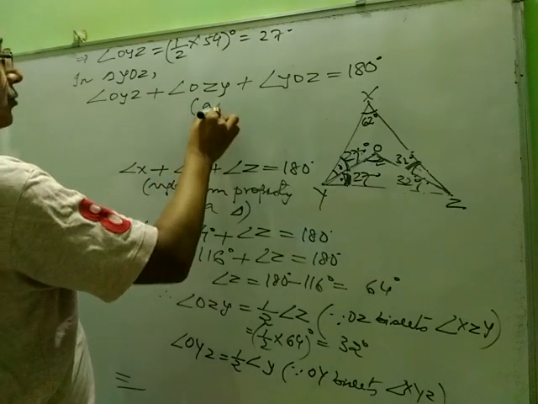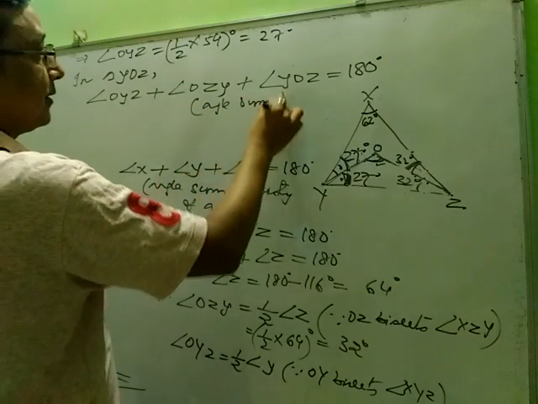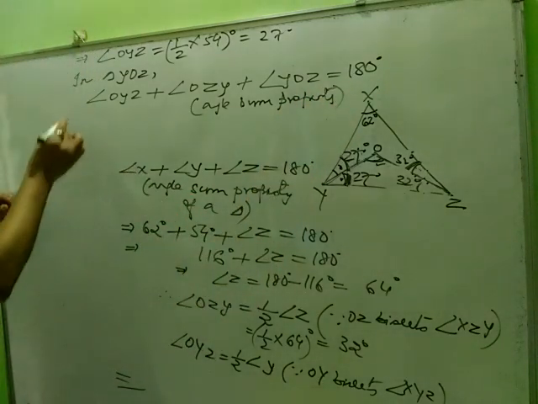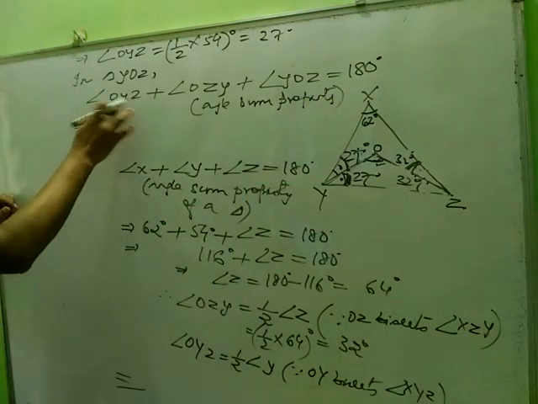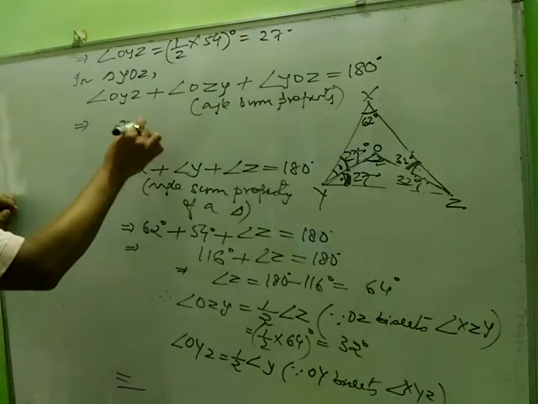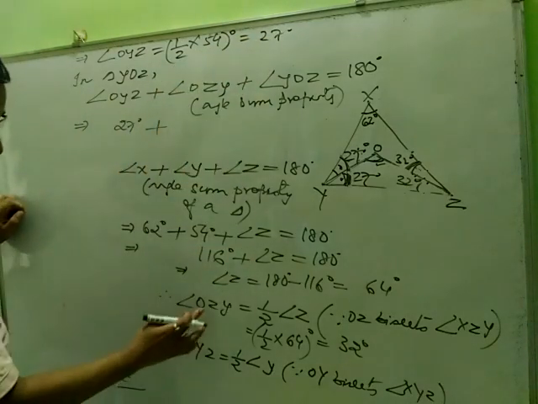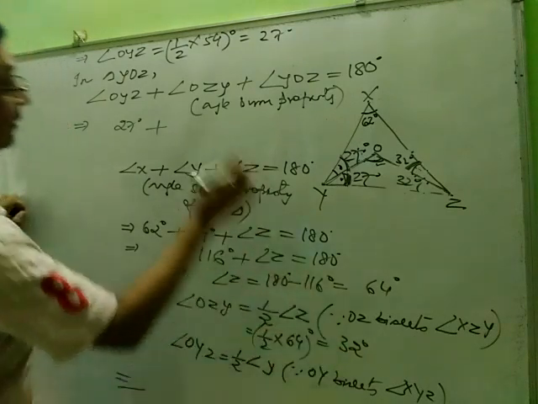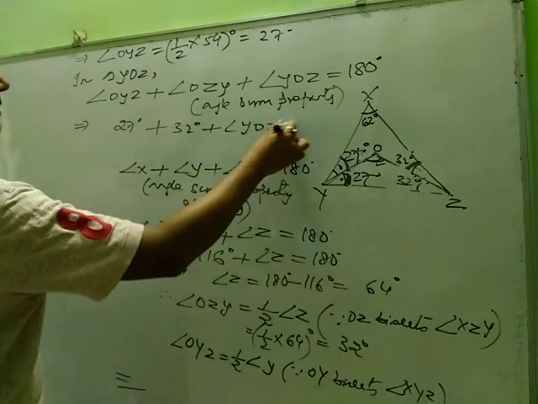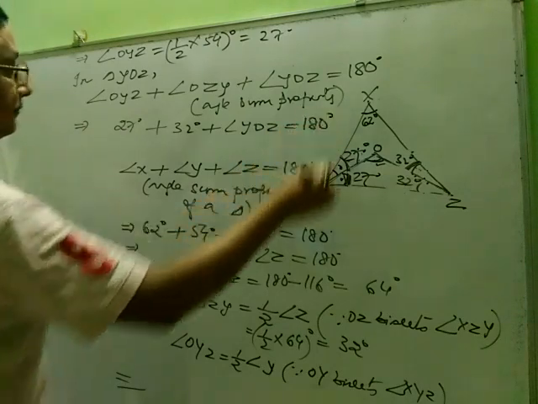It is also due to the angle sum property. So OYZ is 27, so you write 27 plus OZY, which is 32, plus YOZ is equal to 180 degrees.